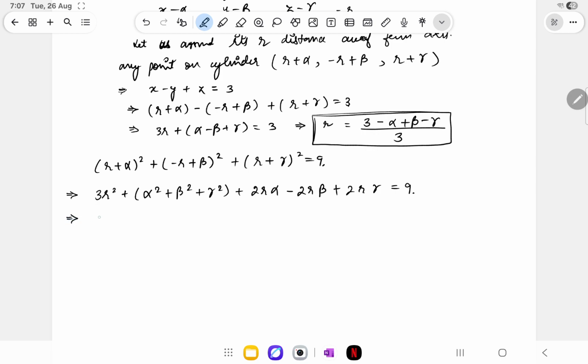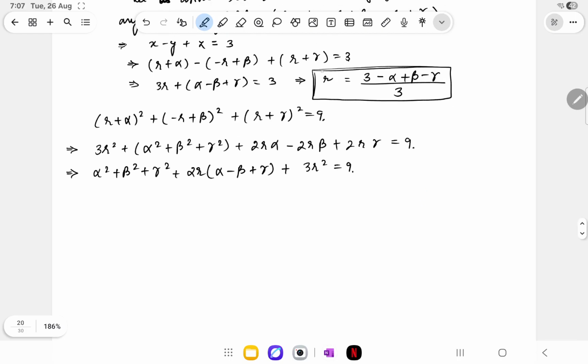Further simplifying, alpha square plus beta square plus gamma square plus 2r into alpha minus beta plus gamma plus 3r square is equal to 9.